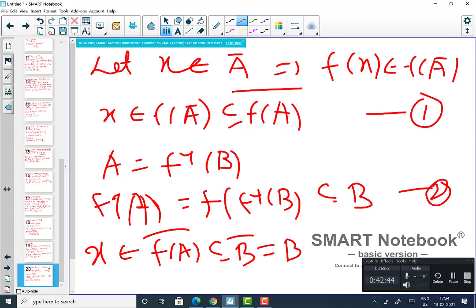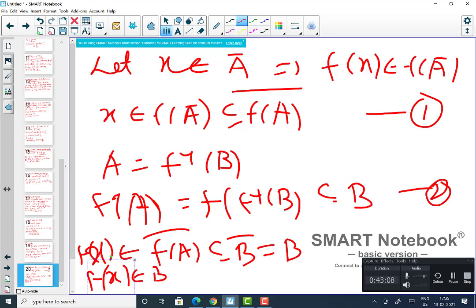But what does that mean? The closure of B equals B. That means f of X is an element of B. Oh sorry, not X, one minute. This should be f of X, not X. f of X is an element of B, because X is an element of the closure of A, right?